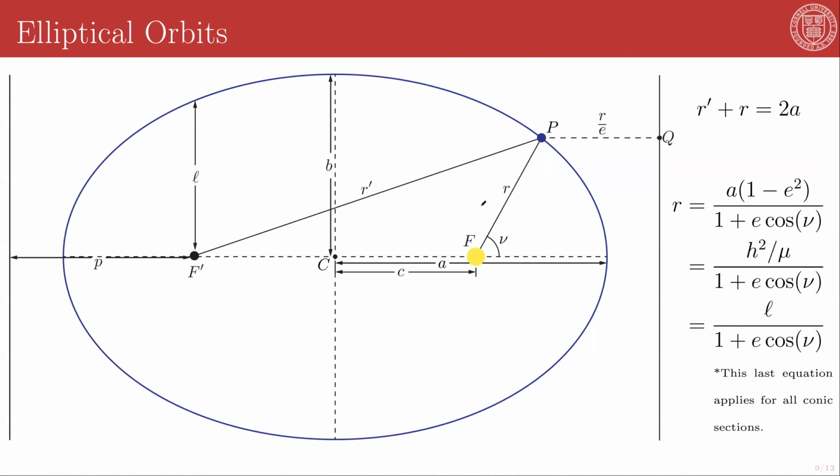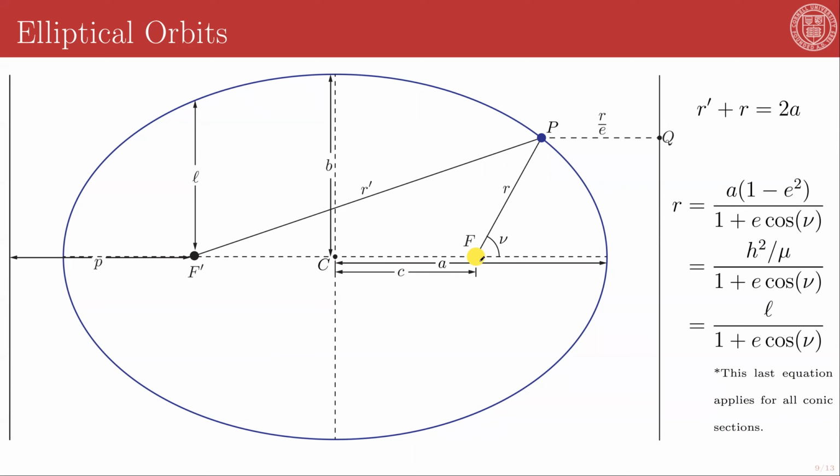An ellipse can be parametrized by the equation r' + r = 2a, where r and r' are the distances between any point on the ellipse to the two foci of the ellipse. In the general case of the geometric figure, there's no real distinction between the two foci, but when we're using this geometric framework in order to describe orbits, there's a significance to one of them, because you'll recall that the central body lies at one of the foci of the conic section.